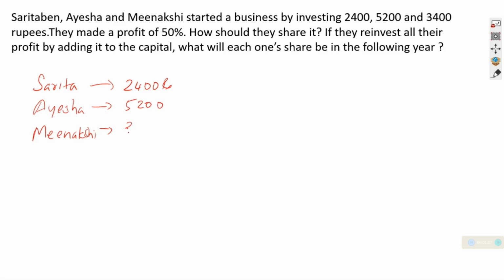Good. 3,400 rupees they invested. They made a profit of 50% of the total investment. How should they share it? For that we should know what is the profit they got. For that we should calculate the total investment.